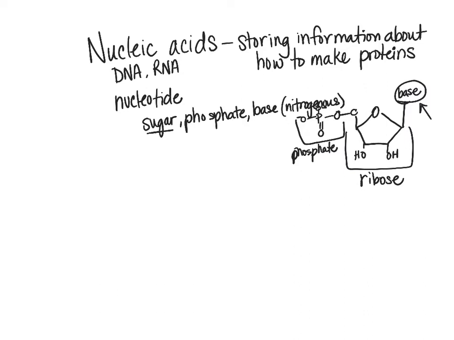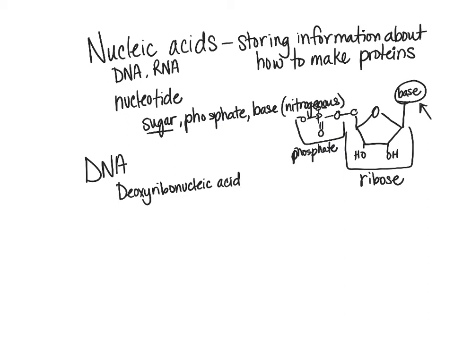So if we're talking about DNA, DNA is our main nucleic acid. It's the one that's in the nucleus of our cells. It's the one that is going to store information about how to make proteins for the entire body in every single cell. DNA is deoxyribonucleic acid.